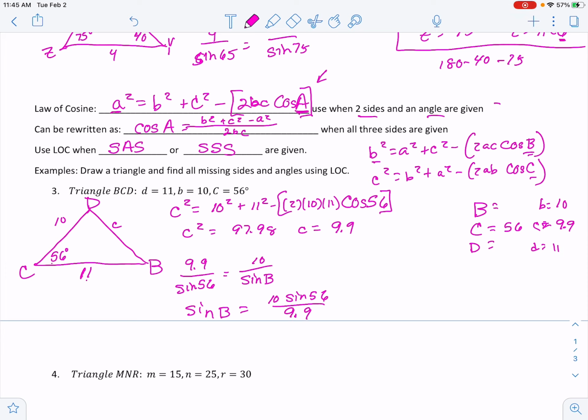You're going to get an answer in your calculator, and then you're going to use the inverse sine. So inverse sine of 10 times the sine of 56 over 9.9. And I ended up with b is equal to 56.88. Once you have that, you can subtract them from 180, and you get 67.12. And you're done. Your triangle is solved.